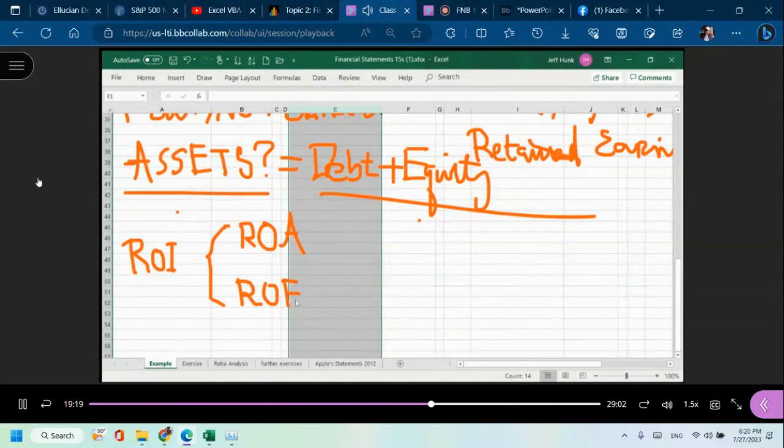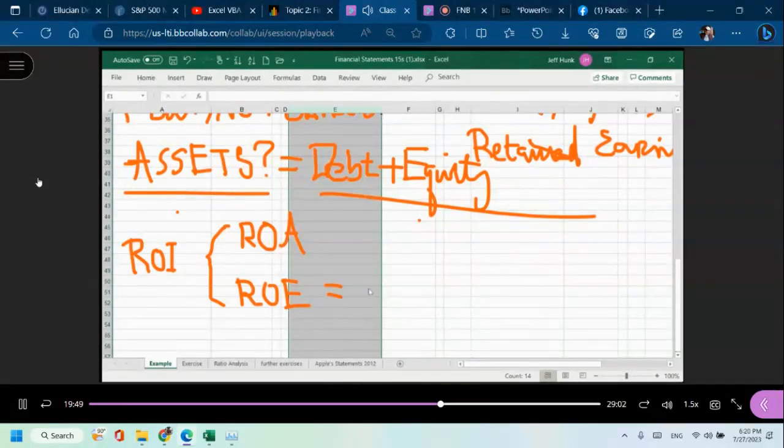So think about it. If you are an investor, suppose you are considering buying stocks in this company, you would want to know how much return you get on equity in general.